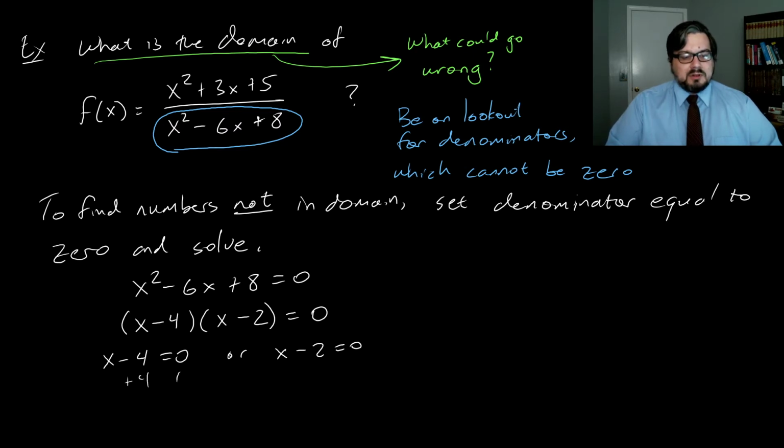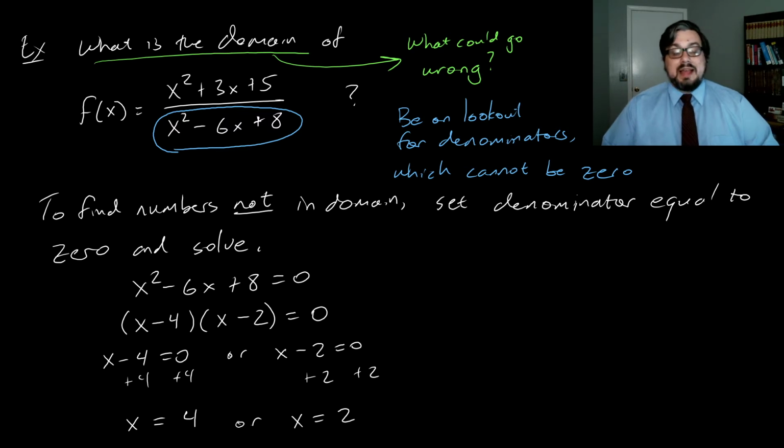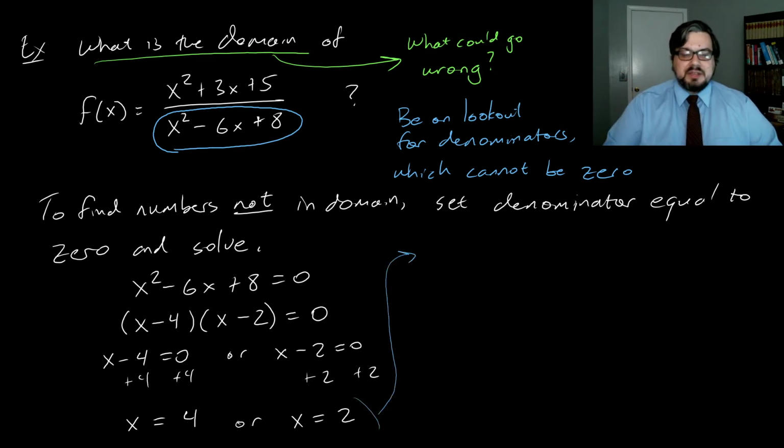Adding 4 to both sides of this equation gets us x equals 4. Adding 2 to both sides of this equation gives us x equals 2. So we get x equals 4 or x equals 2. So the conclusion that we draw from this is that if x equals 4 or x equals 2, the denominator is 0, which means that the function is undefined.